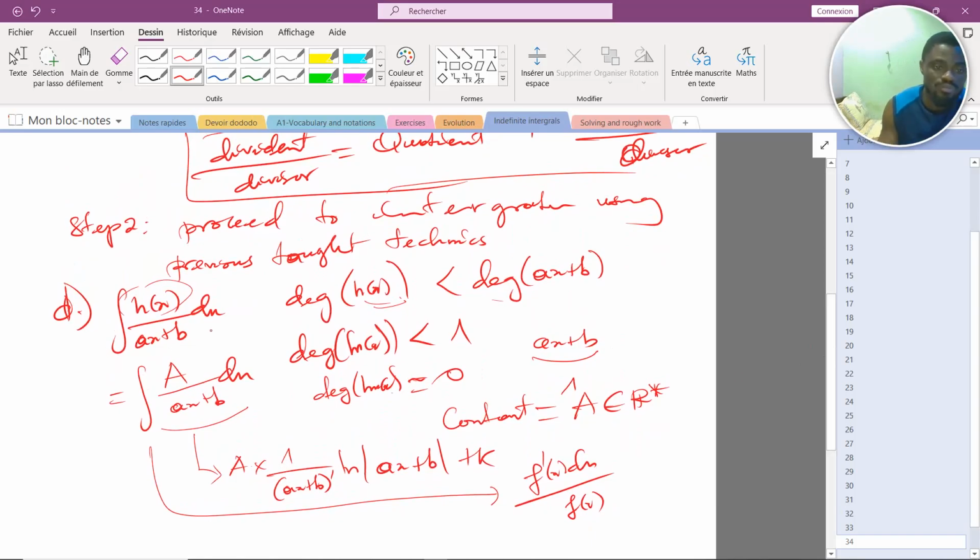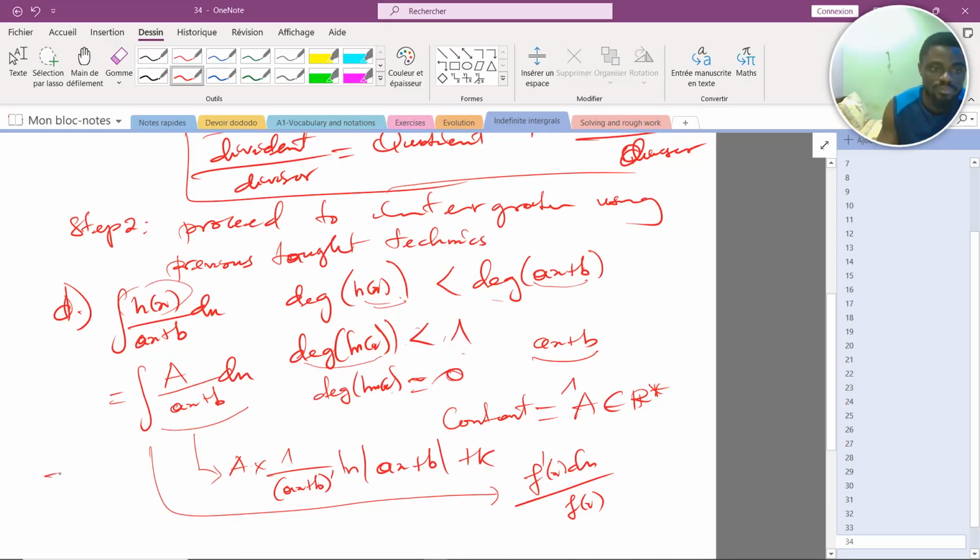I was not even supposed to give this. I just wanted to see how you are going to analyze this situation and come out with a conclusion. You understand? The conclusion here was that since the degree of this is 1, if the degree of this is less than 1, it necessarily means that its degree must be equal to what? 0.